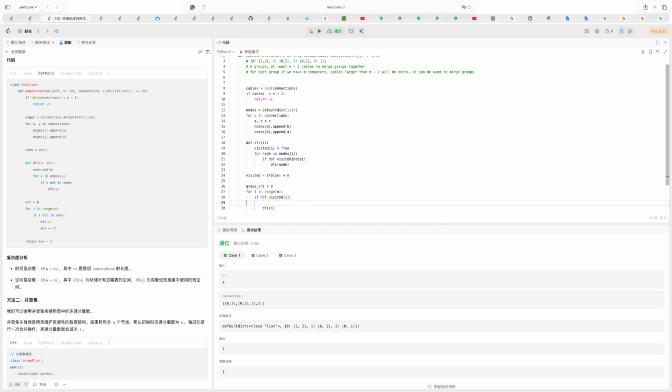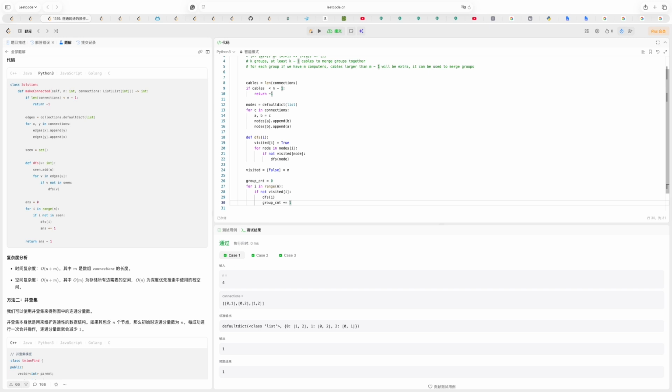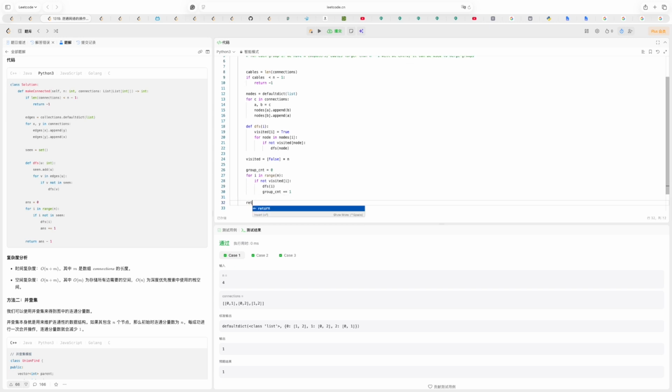Oh, cool. Why? So return group count minus 1. So it's like a greedy approach.